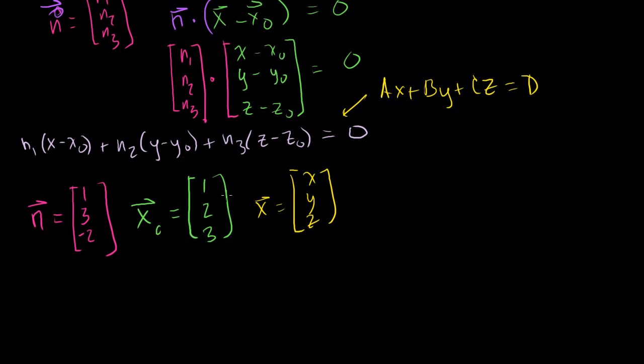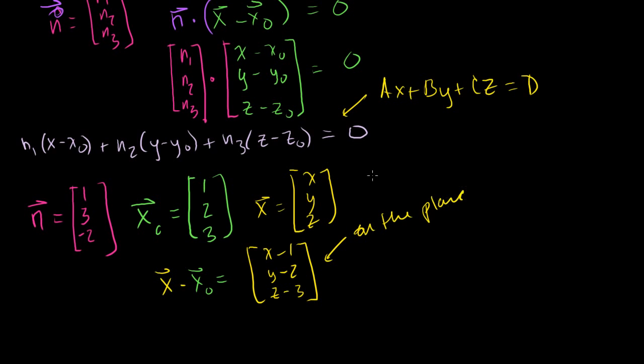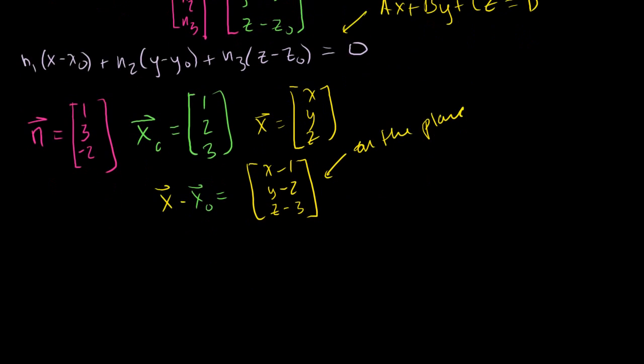So let me take the difference: x minus x naught is x minus 1, y minus 2, and then z minus 3. I'm saying this is on the plane, and it's going to be perpendicular to our normal vector.